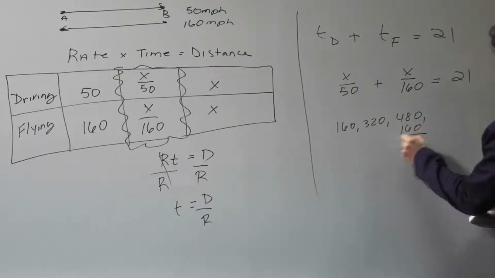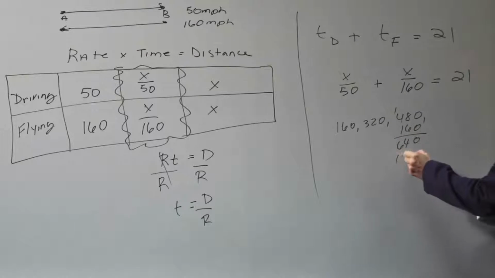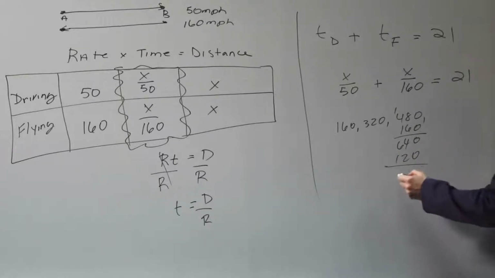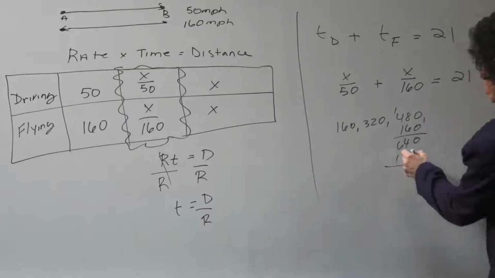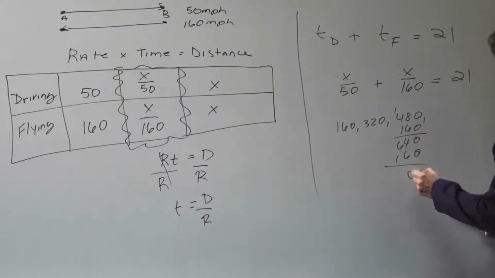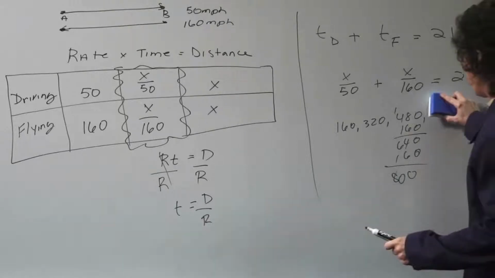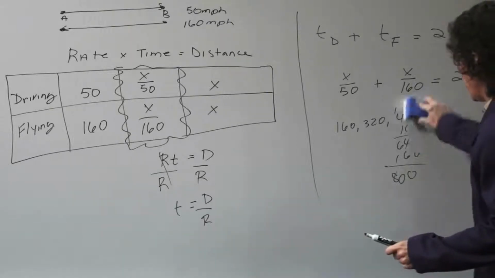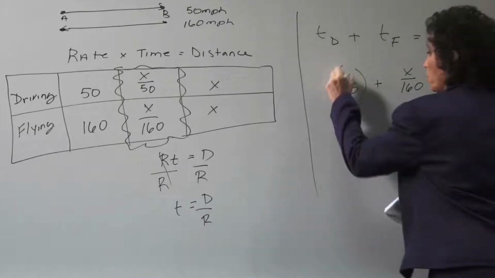Multiples of 160 is 800. This goes into 800, this goes into 800. Oh, that was fun. A little hard, but that was fun. We could do it. So 800 is the LCD.